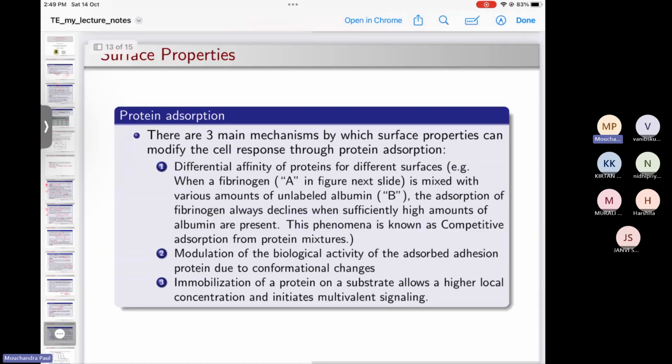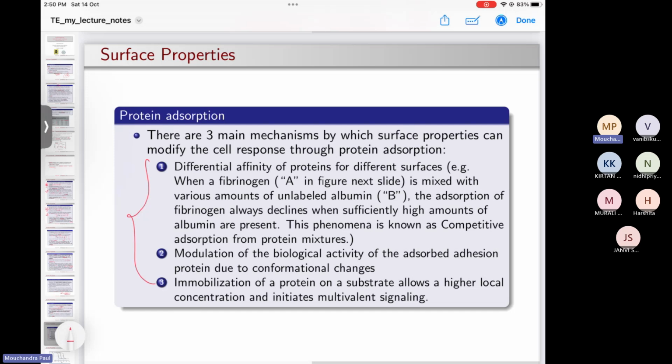So there are three mechanisms by which surface properties modify the cell response through protein adsorption. These are the three mechanisms that show how the protein is adsorbing on the surface, and that in turn is affecting the cell adhesion.